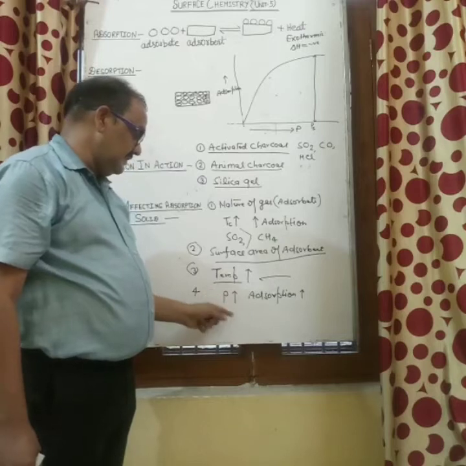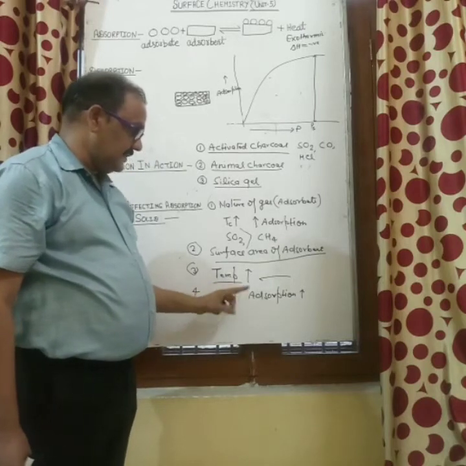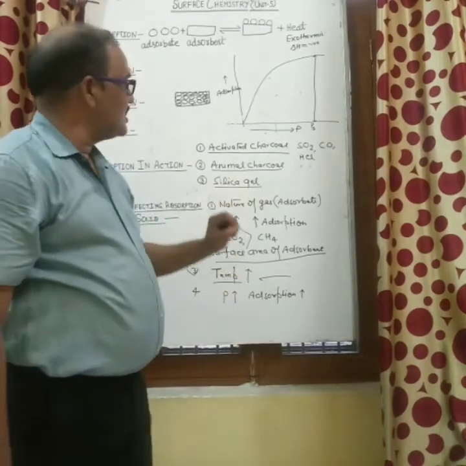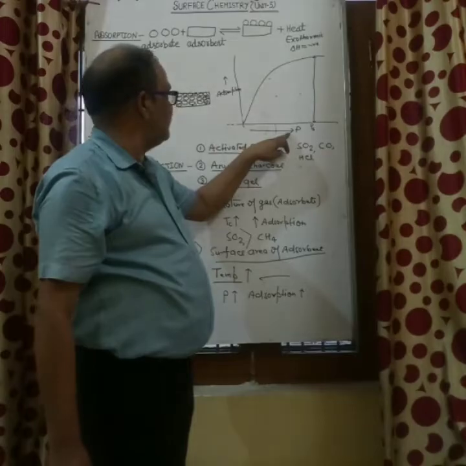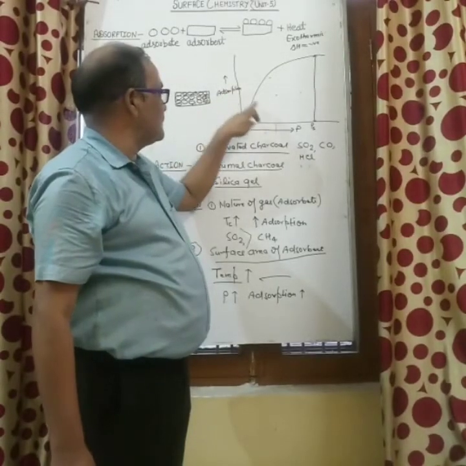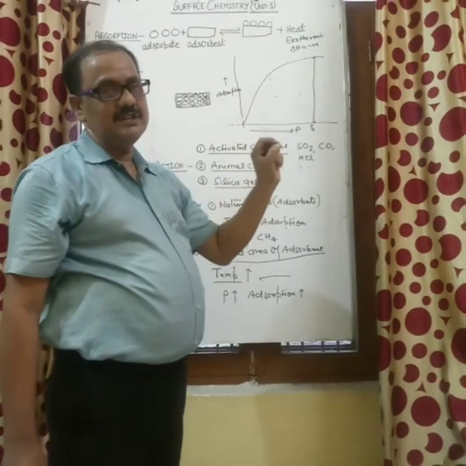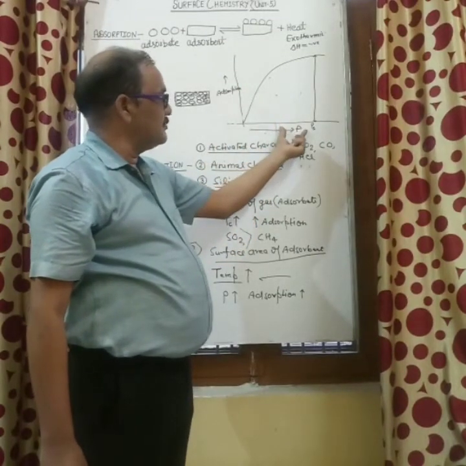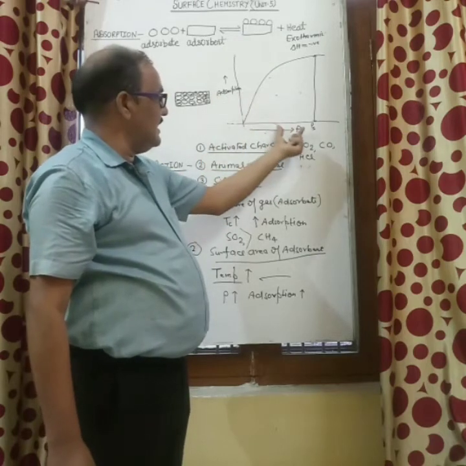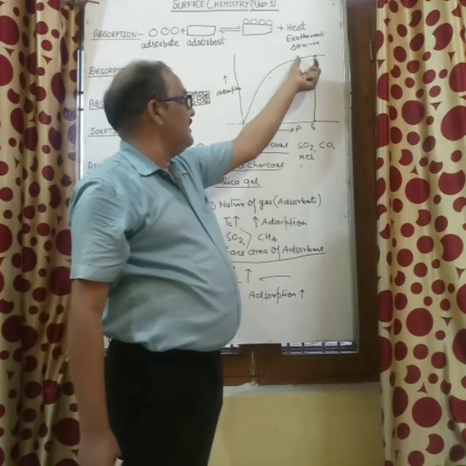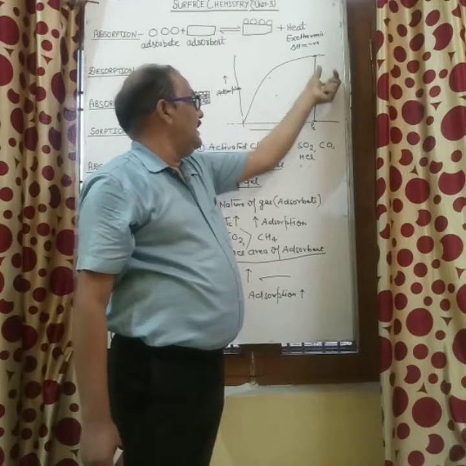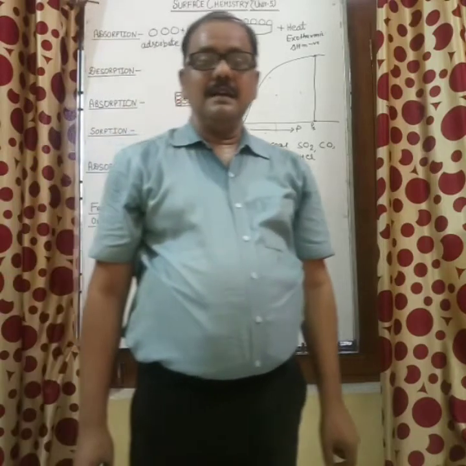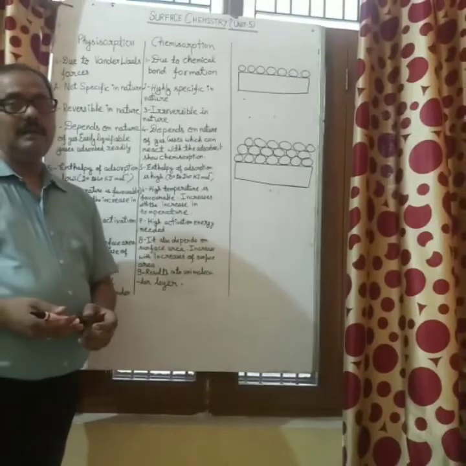In general, on increasing the pressure, adsorption increases. But it can be explained also on the basis of the graph between adsorption and pressure at a constant temperature, and usually at a low pressure, the extent of adsorption is directly proportional to the pressure, and then it will decrease, and at a saturation pressure it achieves the equilibrium state.